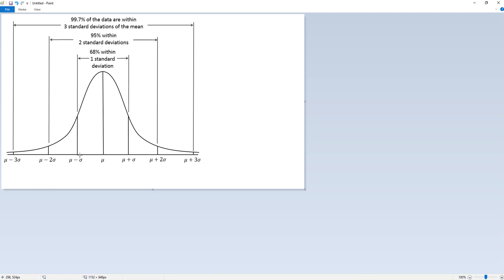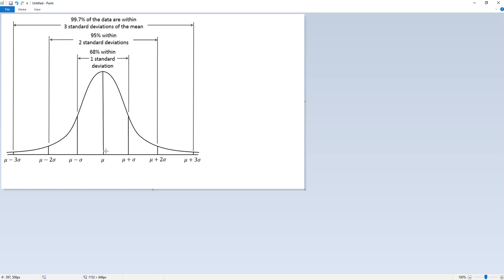So in a normal distribution, which is right here, 68% of individuals fall in this area between these two lines.